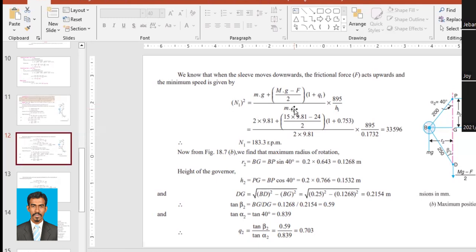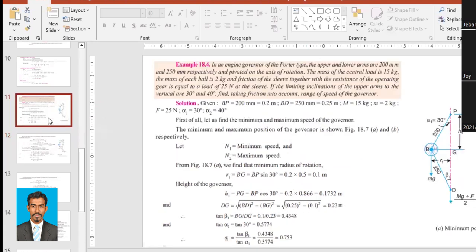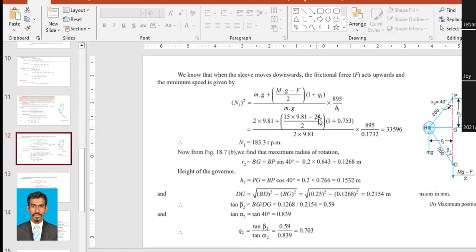In numericals, if it is not given, we can take G as 9.81. In this equation, we will replace the given as well as the found data. M, that is 2 kilogram, G 9.81, plus capital M, it was given 15, into G 9.81, minus frictional force F, that is 24. It is 25 in the question, but they have replaced it with 24, so we'll consider it as 24.